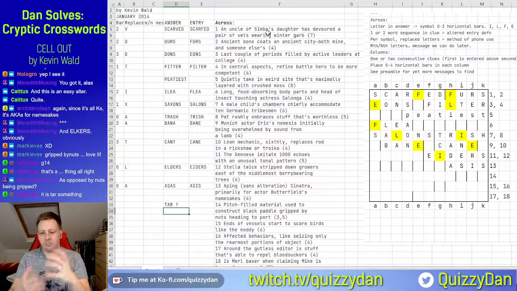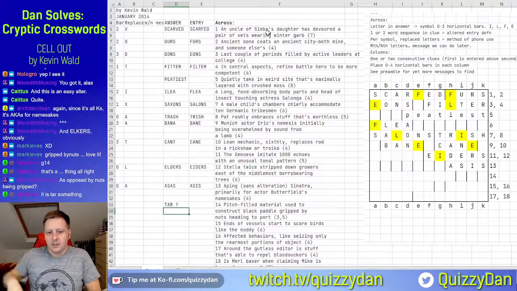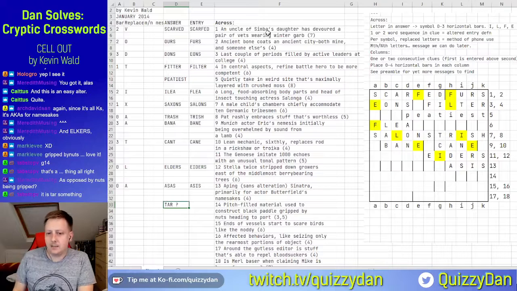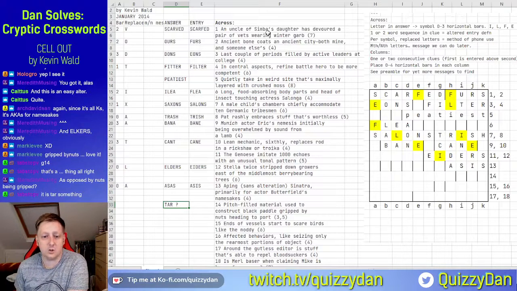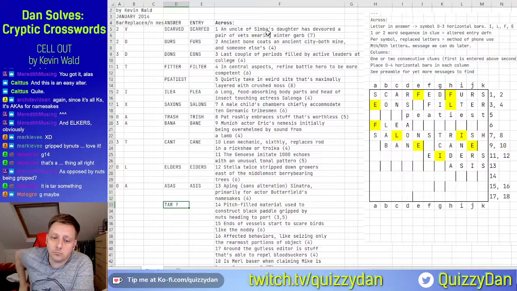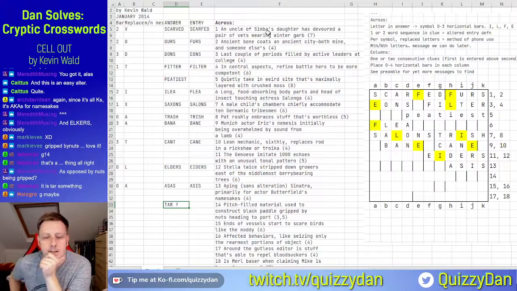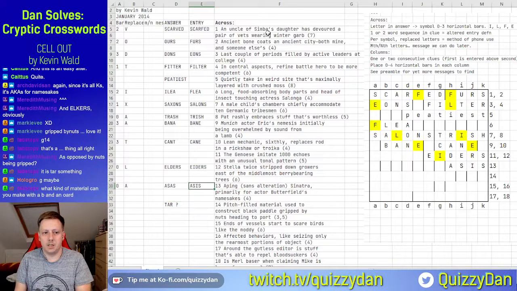It's a tar bucket or something. Nuts heading could be N. What is the next letter here? So it's tar something. I want to make starboard. That's what I want to do. Starboard it is not.